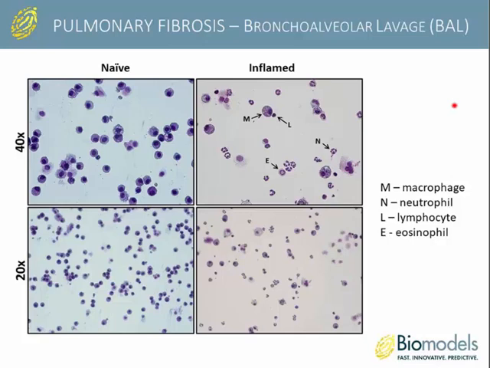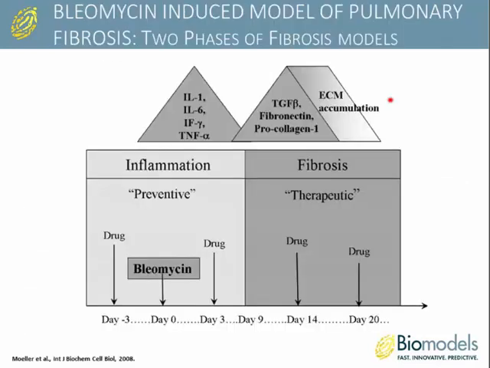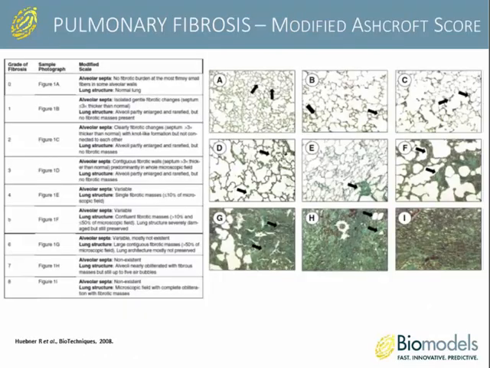But one of the primary endpoints that we like to focus on in this model is measuring the fibrotic response. This is primarily done by looking at a modified Ashcroft score in the histopathology of the lung. This is a modified score based on the amount of fibrosis that's present in the lung. As you can see, as we go from A to I, we see increasing fibrosis.